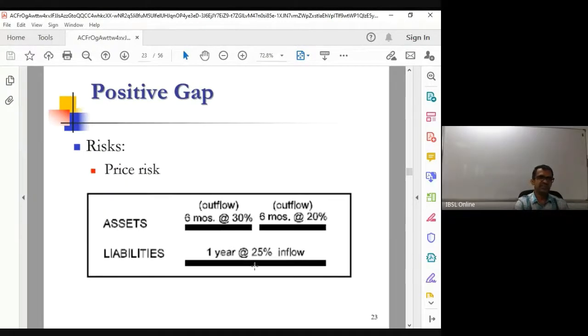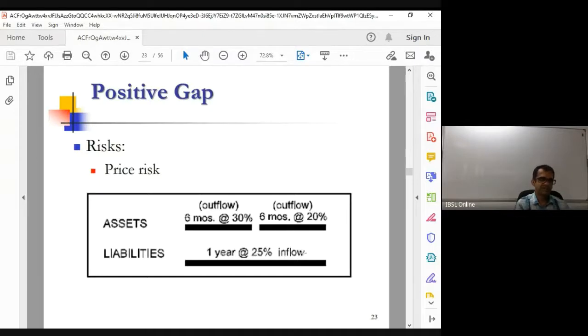So what is the risk? The price risk is there. Instead of the interest rate going up, it can go down, maybe below the rate of liabilities. Either net interest income may shrink or may go into negative territory. That risk is there.